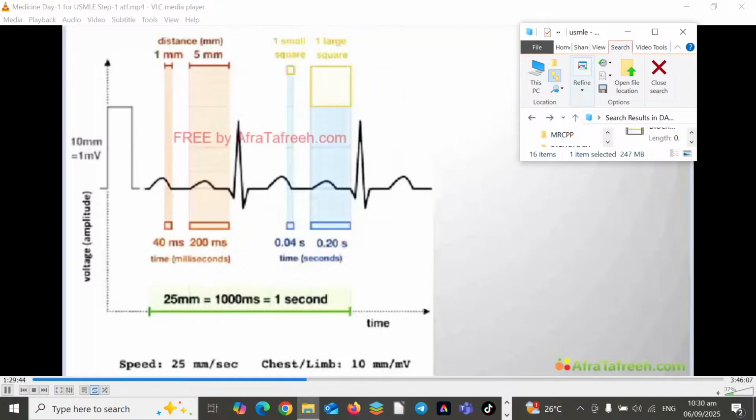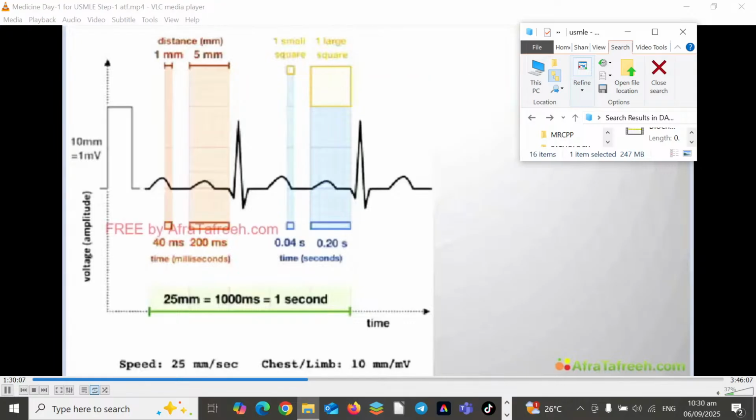So this is what we were talking about. One large box, which is 5 millimeters, would be 200 milliseconds, and one small box would be 40 milliseconds. One cardiac beat is between 2 systoles.